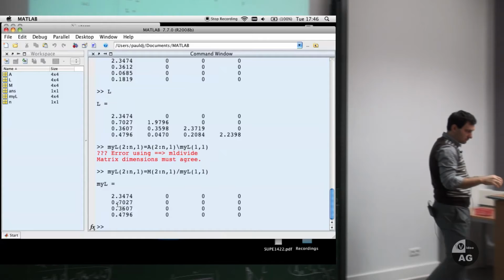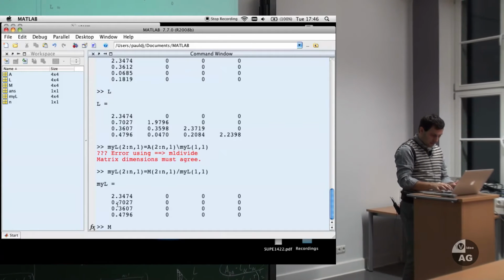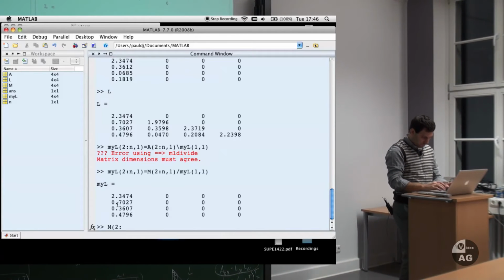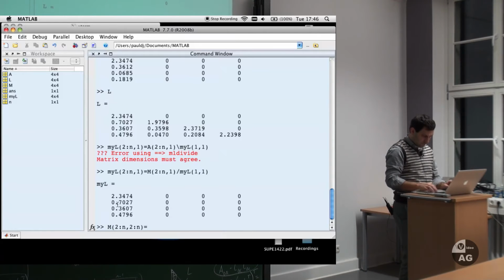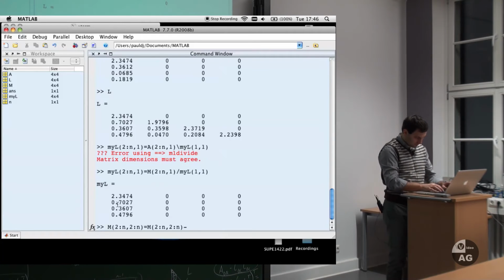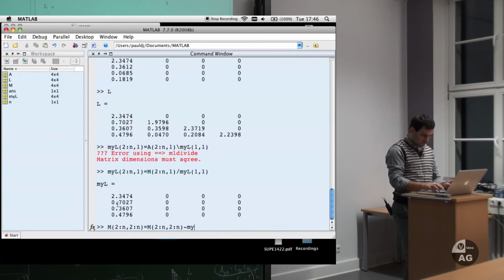So M of... minus... Then what? The same thing transposed.